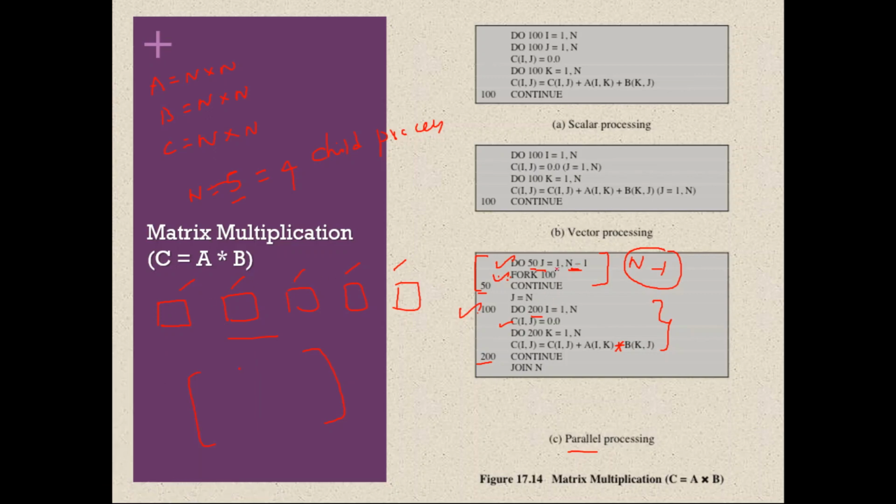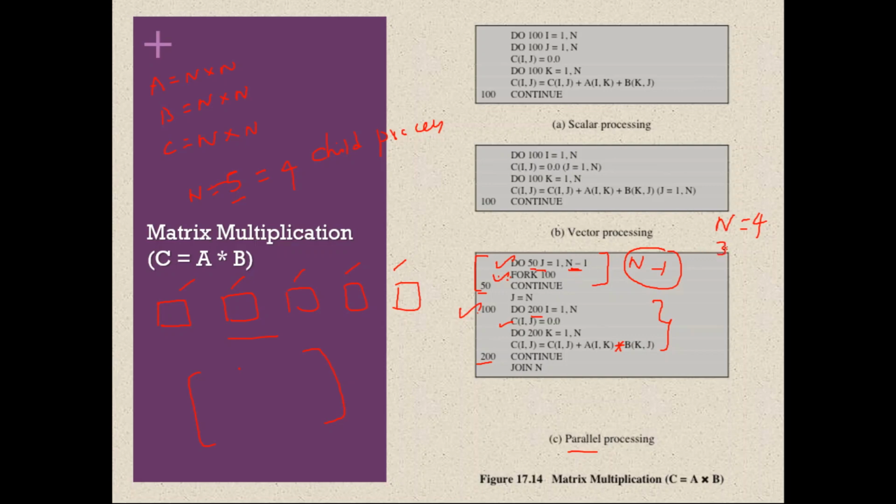See here, there are n minus 1 child processes created. So n is what? Number of columns. Here we are assuming 3 rows and 4 columns, so the number of columns is 4. So n is equal to 4. If n is equal to 4, this loop will repeat for how many times? 3 times, because it is n minus 1.